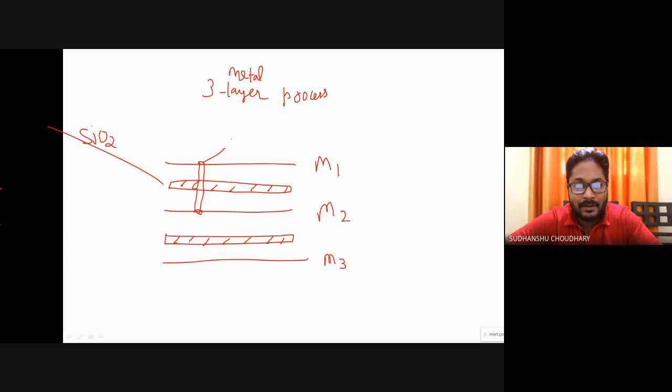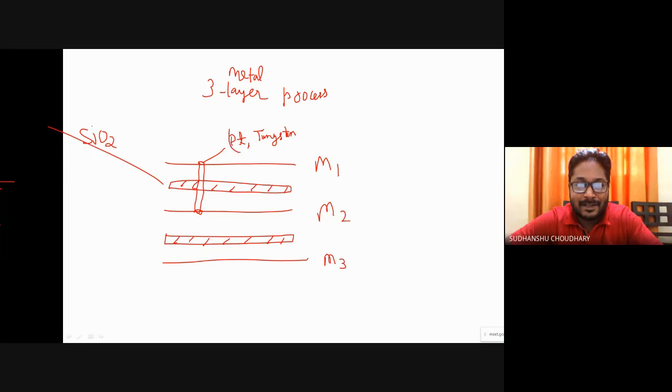That metal could be platinum or maybe tungsten. So I have a cavity here, and that cavity is filled by platinum or tungsten.